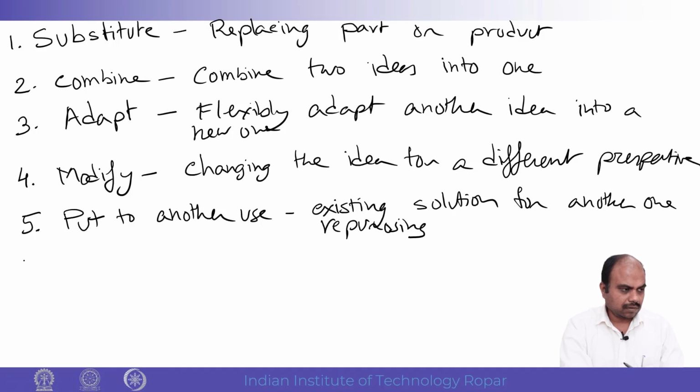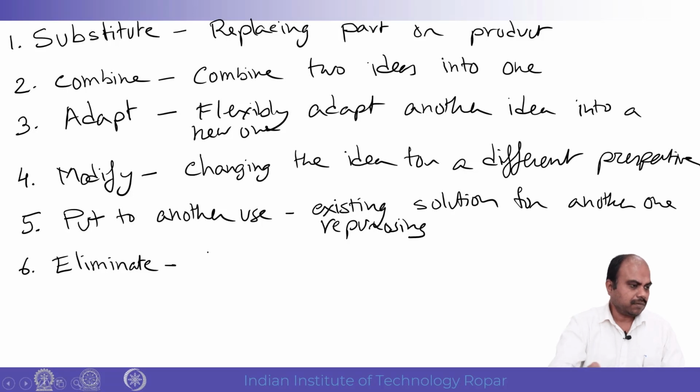The sixth possible thing is eliminate. In this, it is eliminating some portions or parts to make it simple, maybe frugal, maybe much more simplistic.